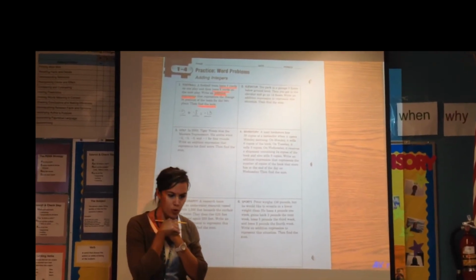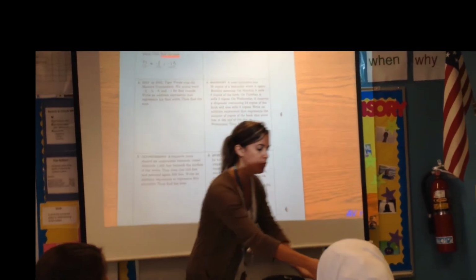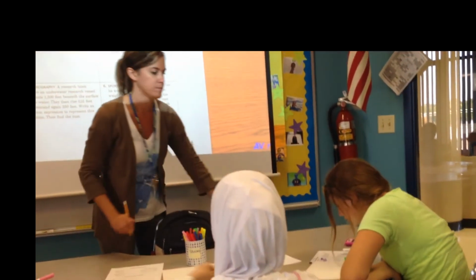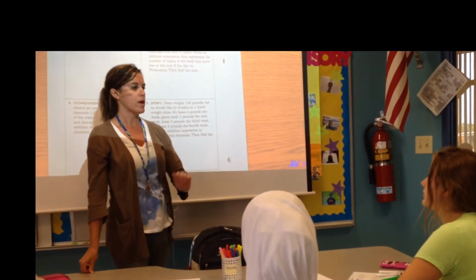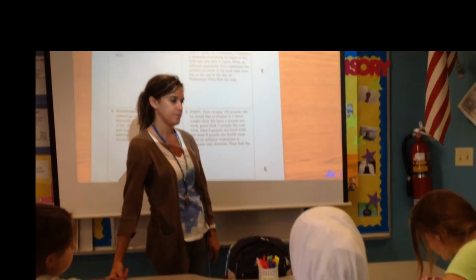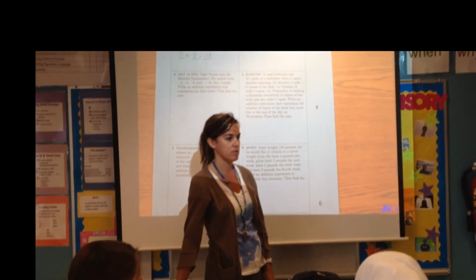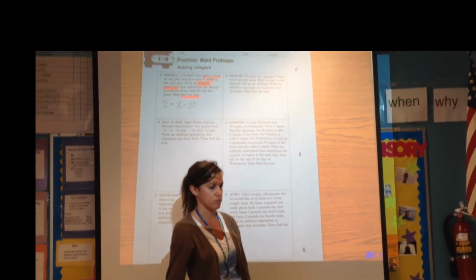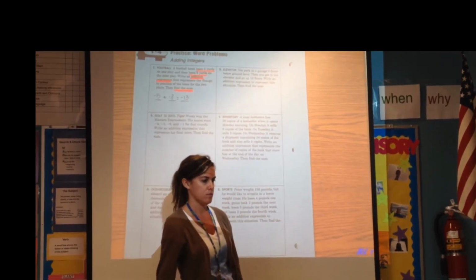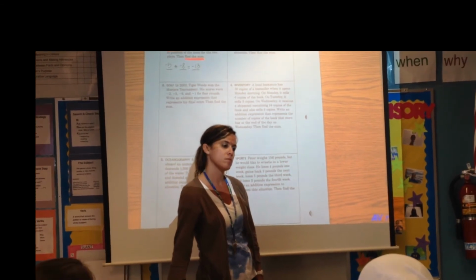When we have a word problem, how did you know what to underline? How did you know what to underline in the problem? What did you have to do first? Did you just look at it and say, I know how to solve it? No. What did you do? Well, we had to subtract 8 minus 5.